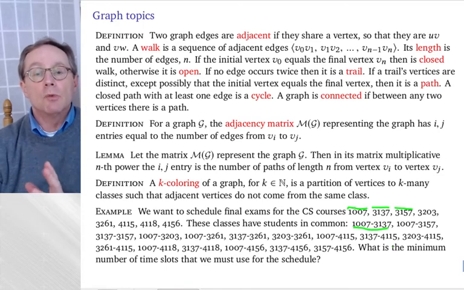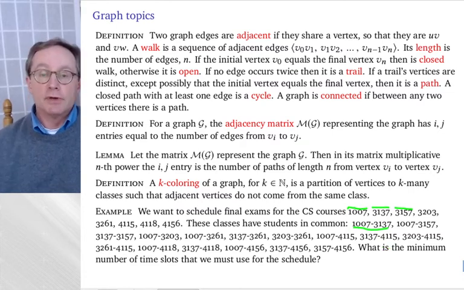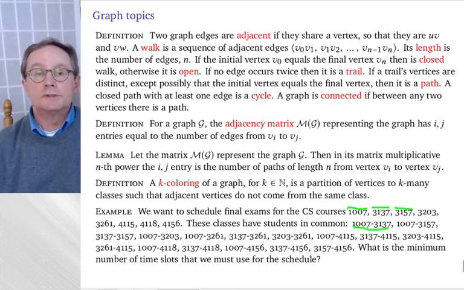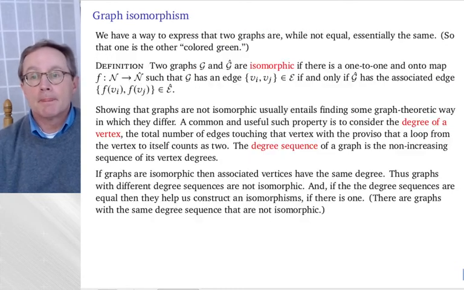The point is you want to have different categories, in this case because you want to schedule the final exams at different times of day or different days. So it's sensible to say, what's the minimum number of time slots to schedule the final exams for these classes? What's the minimum number of colors you can use to color the vertices?